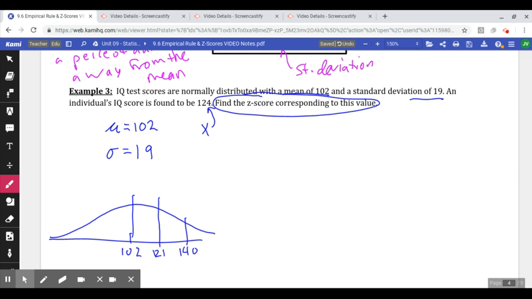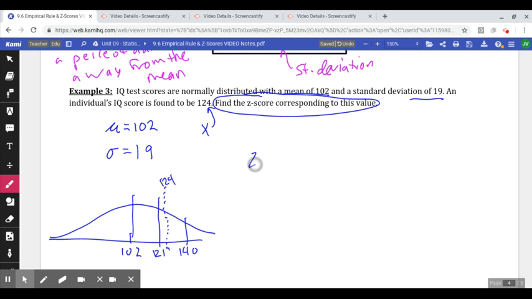Unfortunately, our data point doesn't fall exactly on one of those. Actually that data point falls kind of right in here, which would correspond to about 124. Now you might be thinking, well, that's between one standard deviation to the right and two. You're right. We want to figure out exactly how many standard deviations we are to the right of the mean. That's the z-score. So we're expecting our z-score to be somewhere between 1 and 2, probably closer to 1.